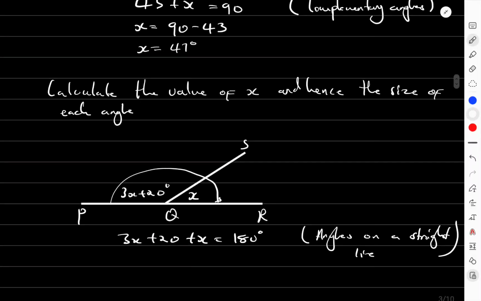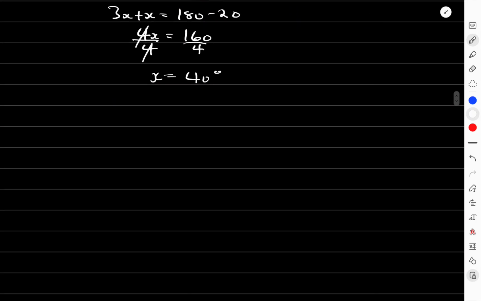Now, going to my diagram here, it says calculate the value of x and hence the size of each angle. Looking at my diagram, it was a diagram that was like this. I had x here, I had 3x plus 20 here. Wherever I see x, I have to substitute the value of 40, because 40 and x are the same.